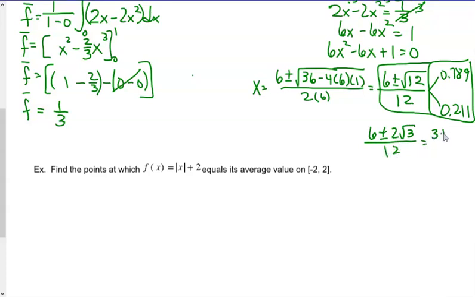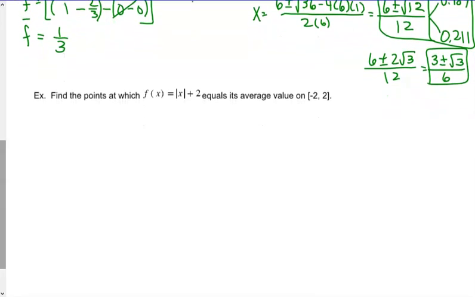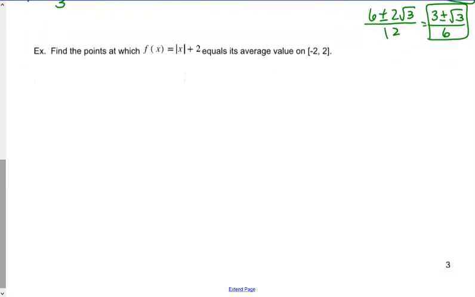So it may be that they ask you for this final answer for an exact value. So be very careful when they ask you and watch the directions. But basically, like I said, we're solving for when the function is equal to your average value.